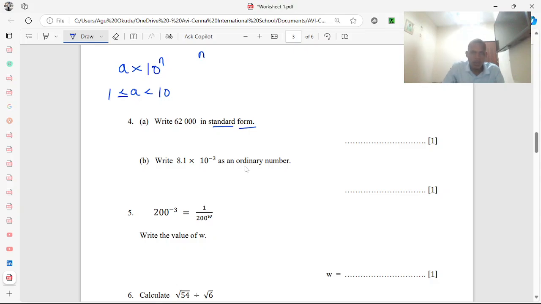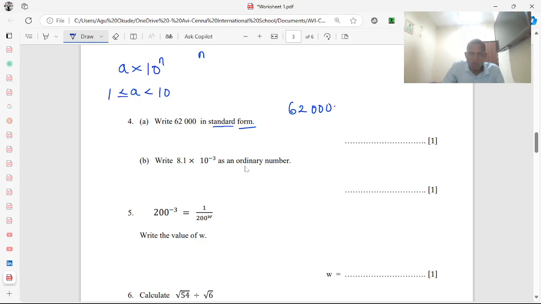Now what I have here is 62,000. For us to write this number in standard form, what will I do? There is a point here, but the point is actually invisible, but it's actually here.